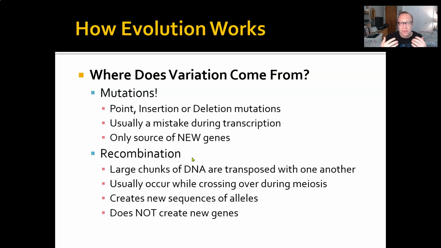However, during recombination, combinations of genes and gene alleles can change, which may or may not lead to new traits or different combinations of traits that themselves have adaptive value.